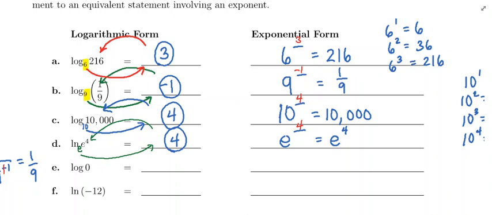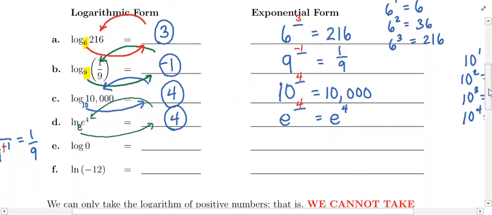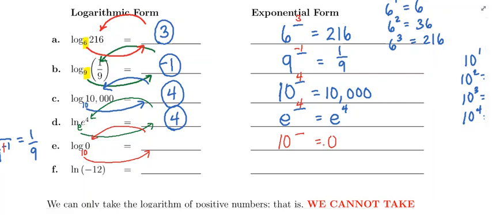In part E, what's the log of 0? In this situation, it's log, so the base is understood to be 10. 10 to what power gives you 0? What do you raise 10 to, to get 0? You think about it and you're like, I don't know.